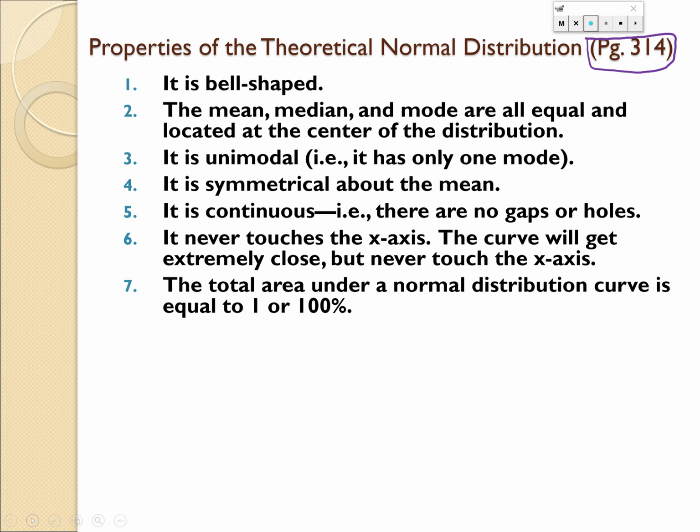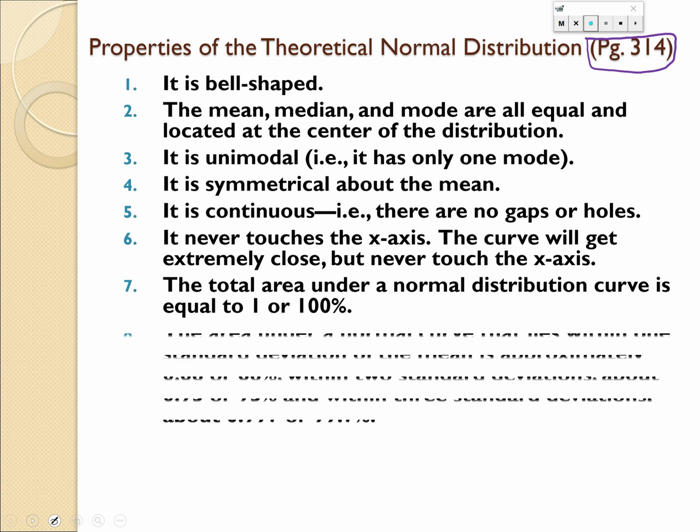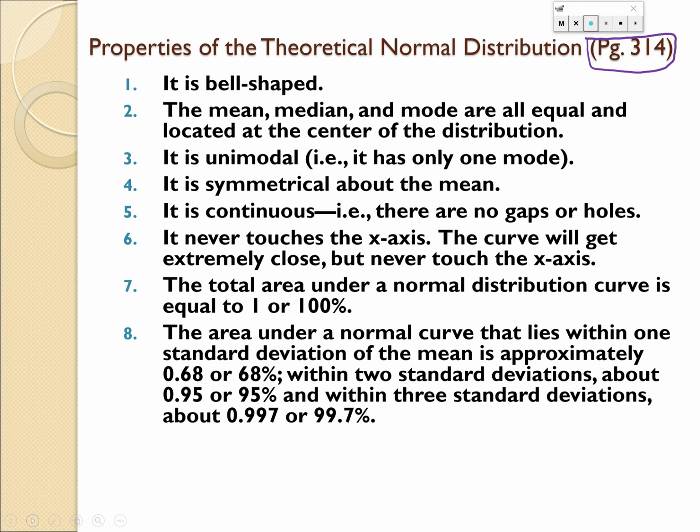Total area under the curve is equal to 1 or 100%. And then property number 8, guys, this is just the empirical rule that we worked with in our first unit. It just tells us the area under the curve, or what percent of our data values will fall within one standard deviation of the mean.